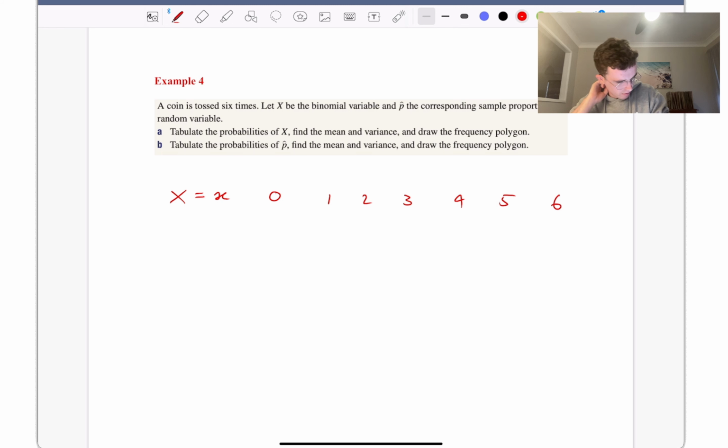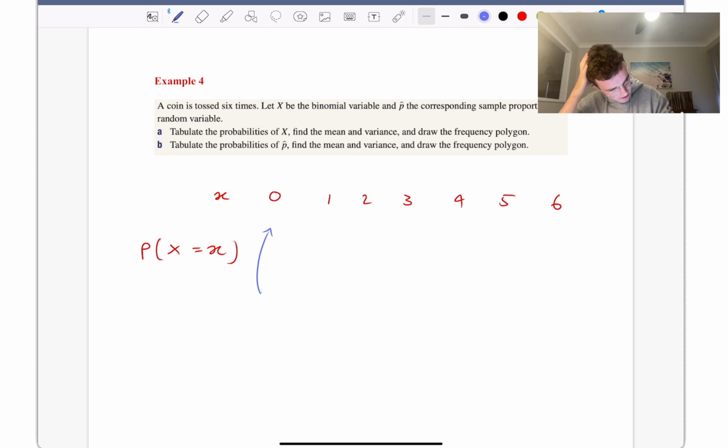And we're going to do some probabilities. So the probability that X equals x, I'm just going to do a couple of them.